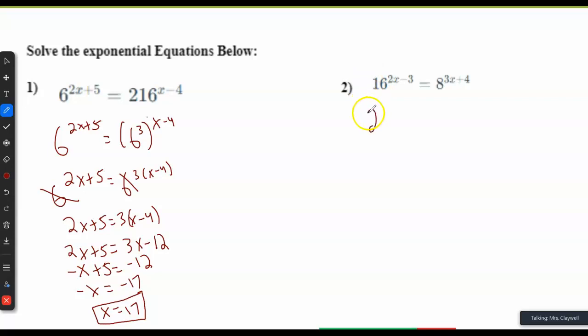These both have 2's in common. This is 2 to the 4th. So I'm going to write with my same bases.